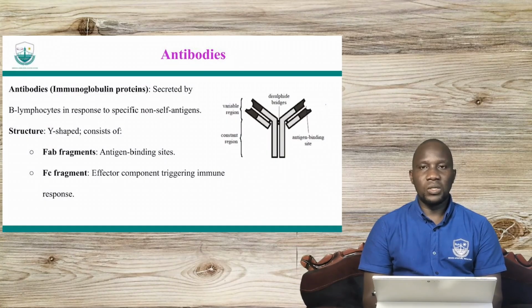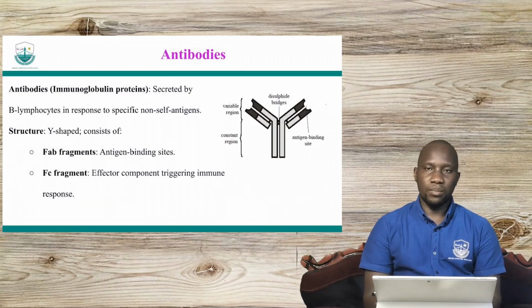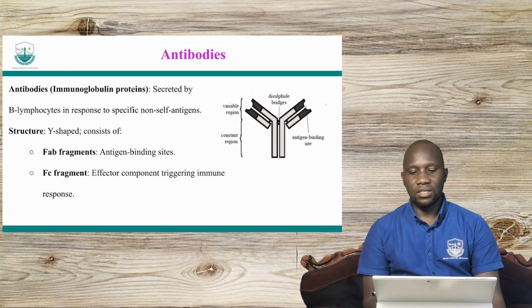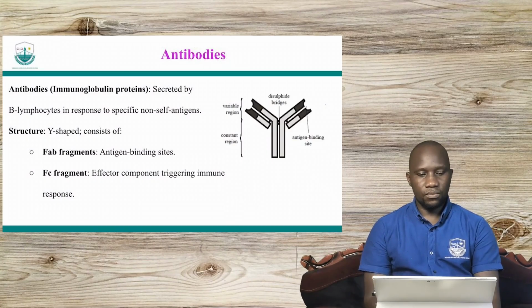So how does the antibody look? They have a Y shape. Of course, we have different types of antibodies. They can actually be called immunoglobulin proteins. Okay, they are produced in response to specific antigens. So they have a Y shape.